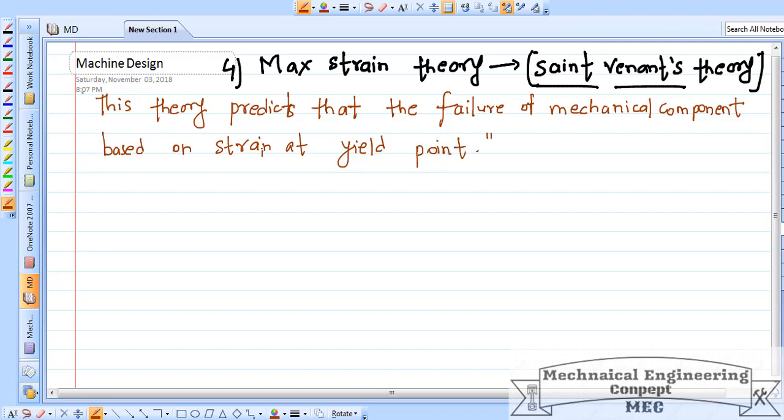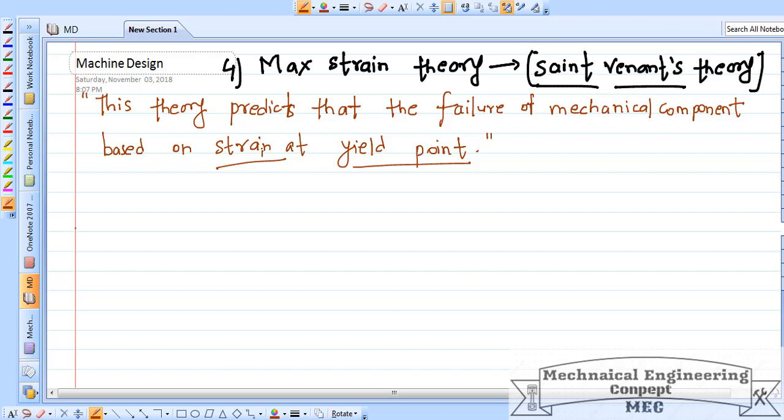This theory has a very simplified, very easy concept to understand. A component can fail at the strain when yielding starts.